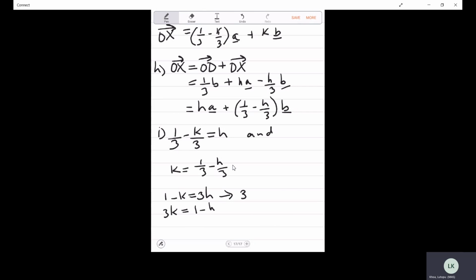Let's see, I have 3h plus k is equal to 1, and then I have minus h plus 3k is equal to 1. Okay, so I will use elimination. That's just my preference. You can use whatever method you want to.